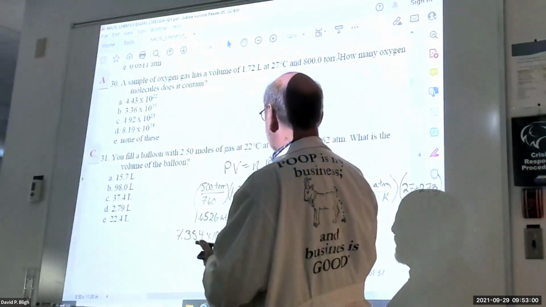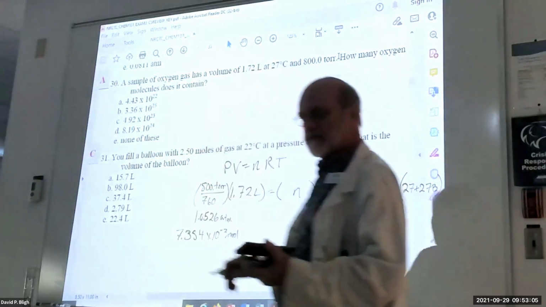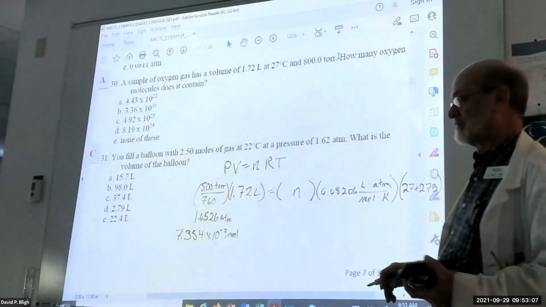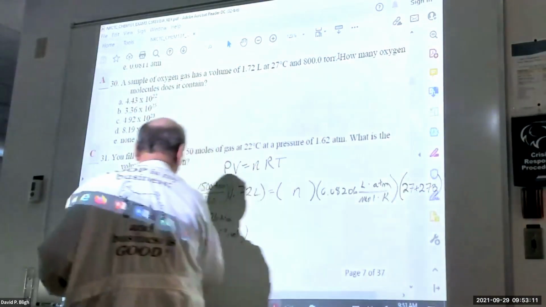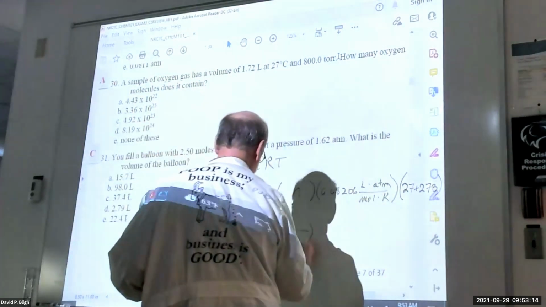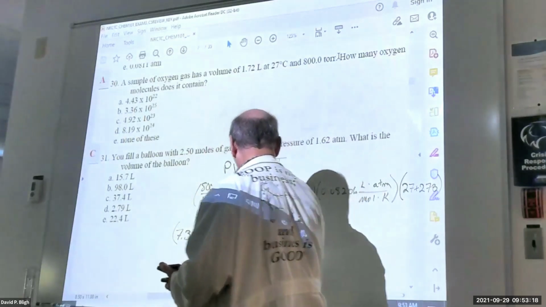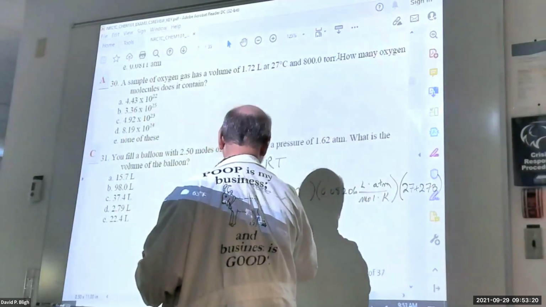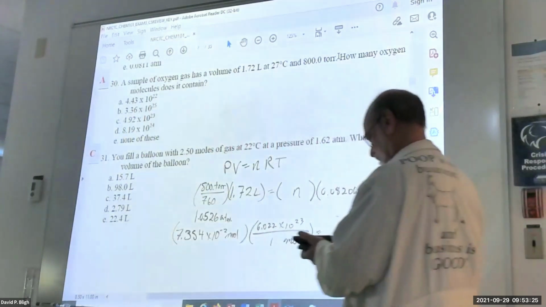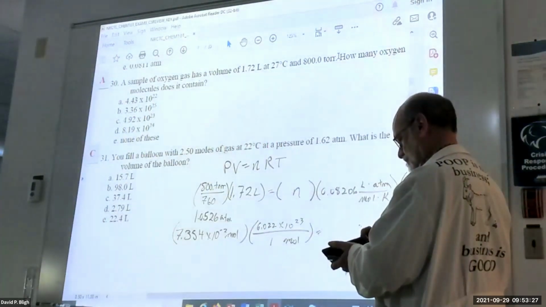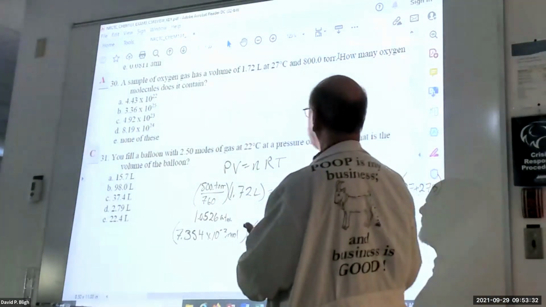How many molecules is that? All right, conversion factor for this one: Avogadro's number. So moles needs to be on the bottom to cancel out. 1 mole is 6.022 times 10 to the 23rd molecules. And we get 4 point, let's see.